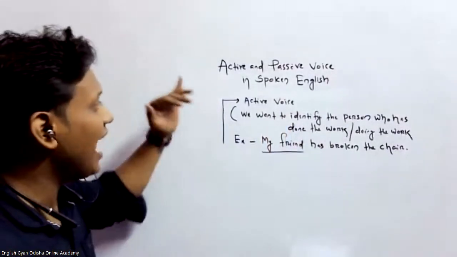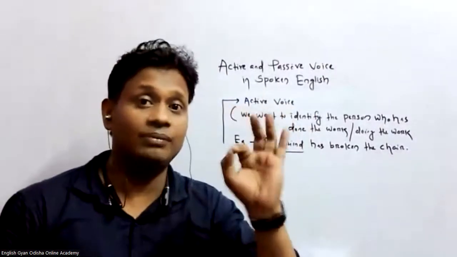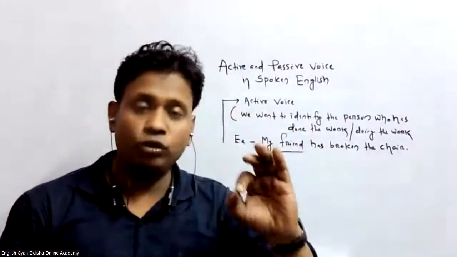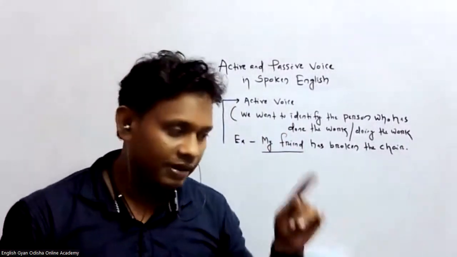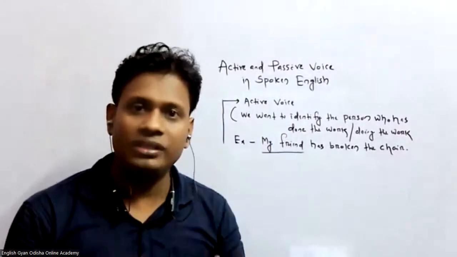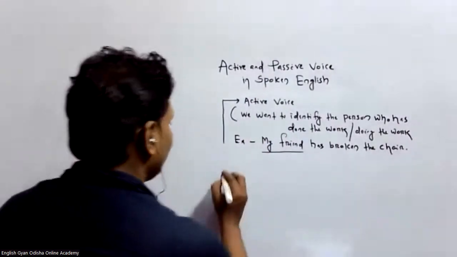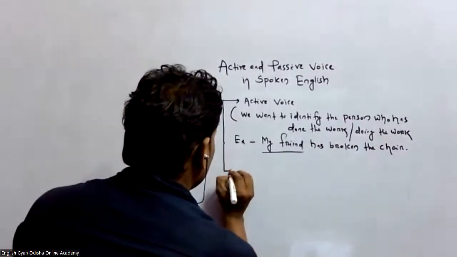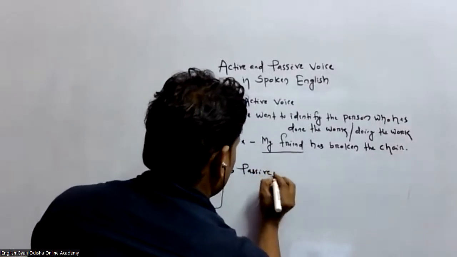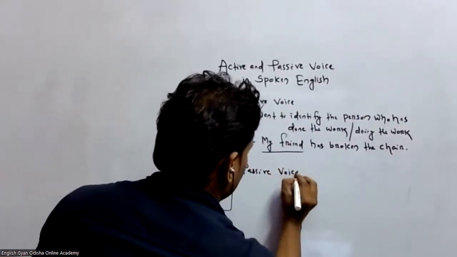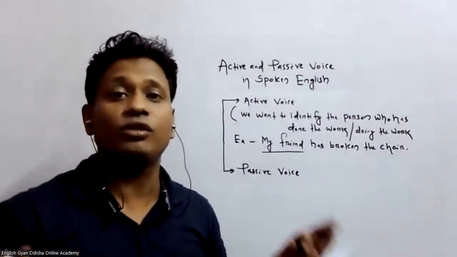So whenever I say active, just remember that this is only the fundamentals. You have to identify the person who has done it. That means you can say that my friend has done it, right? And it always starts with a subject, right? So let me give you another example where I want to tell something called passive. This is where you don't want to reveal the name of the person who has done it.